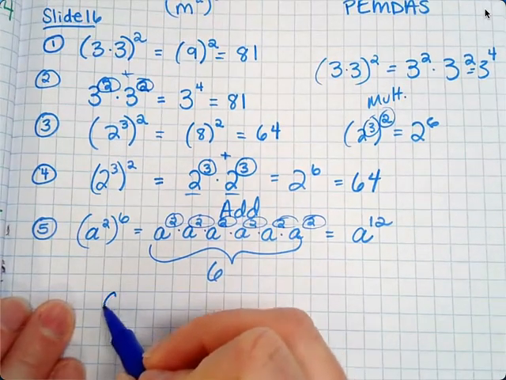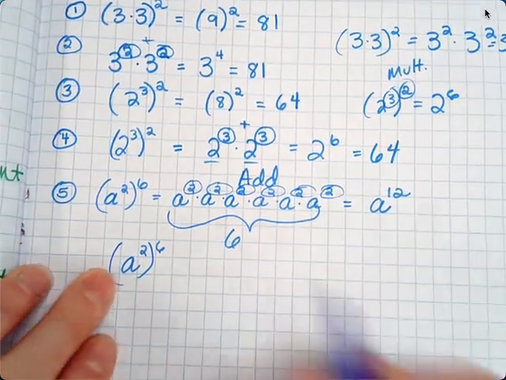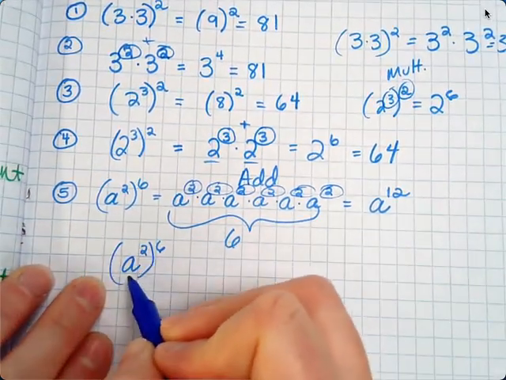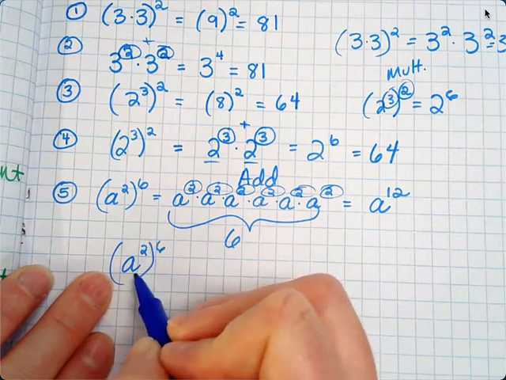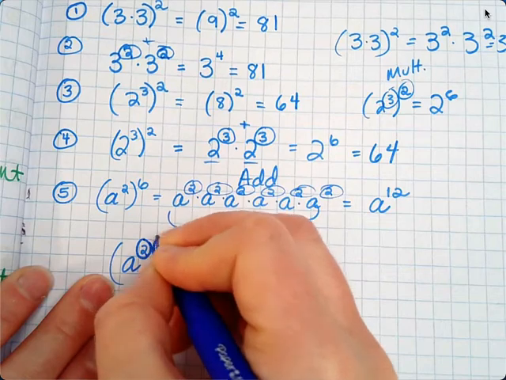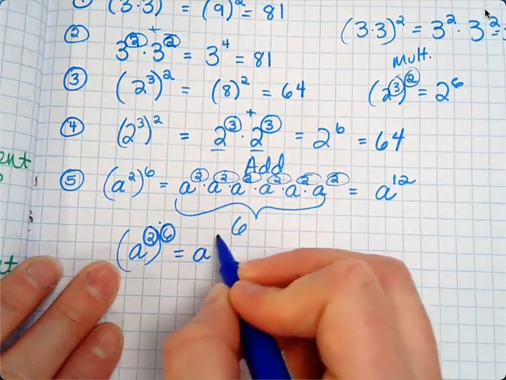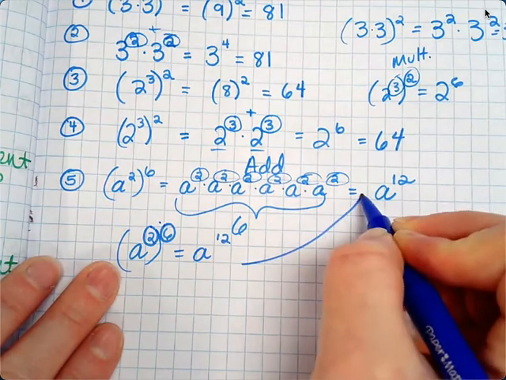So I could have used the multiplication rule. When you have a term with an exponent and it's raised to a power, you will multiply these two exponents, a to the 12th. So see how these are the same?